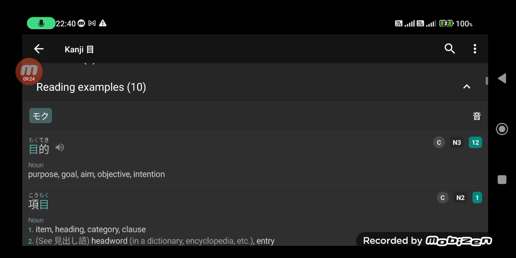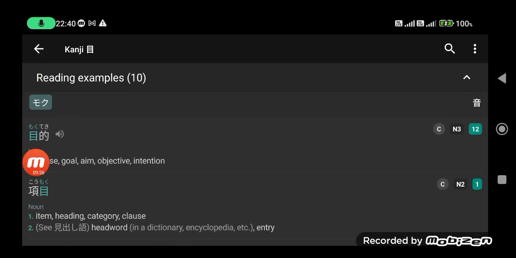How about this? This is also very common, mokuteki. Purpose, objective, intention, goal, aim. That's mokuteki. Take note, I'm giving an almost silent U on the moku. Mokuteki.